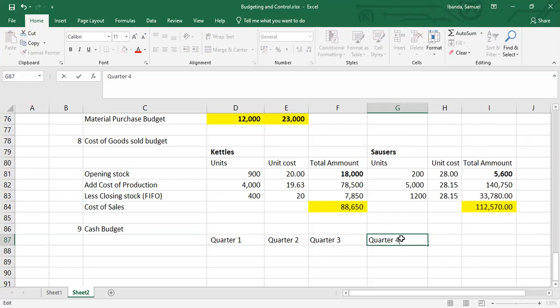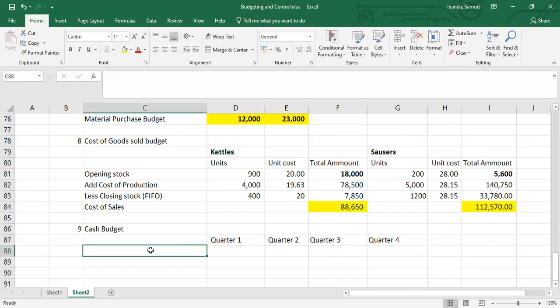Then we have receipts. Remember, a cash budget will always start with receipts because this is like your cash inflow. It's from your cash inflow that you come and subtract any cash outflow.